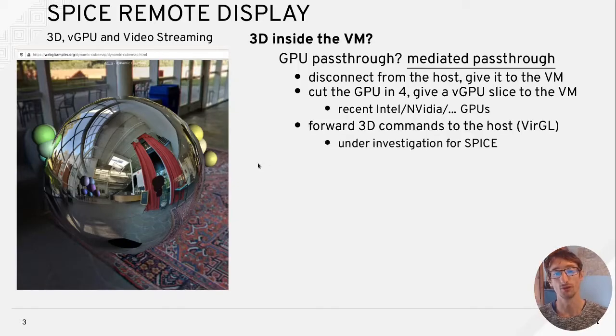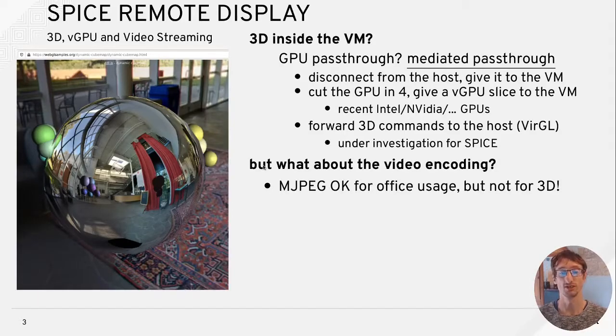And another option is API forwarding. You take the 3D commands inside the virtual machine and you forward them to the host. This is already possible with Virgil in QEMU, and it's under investigation for Spice.